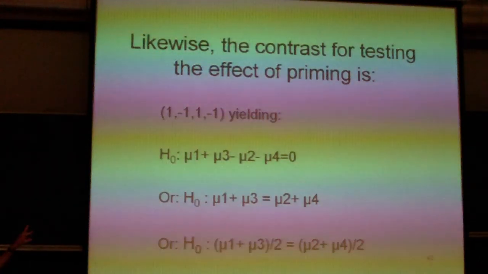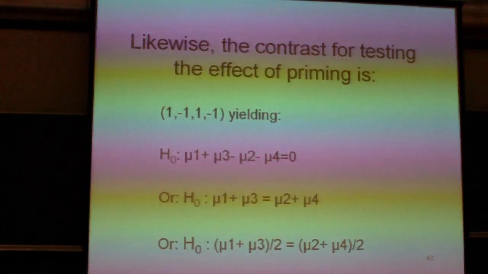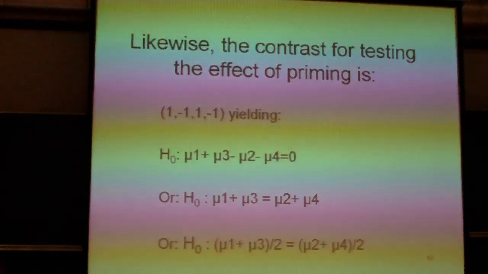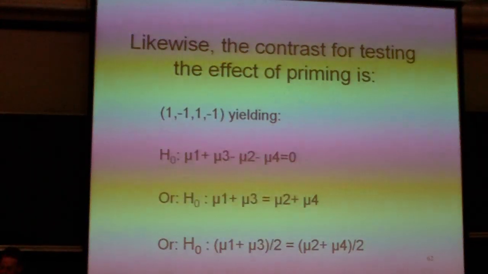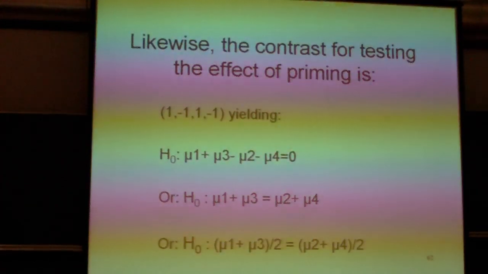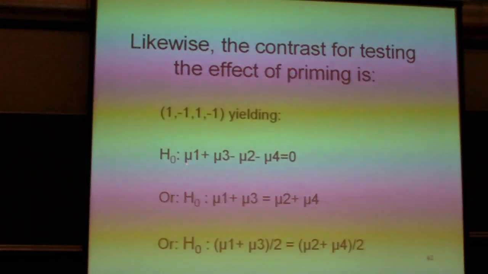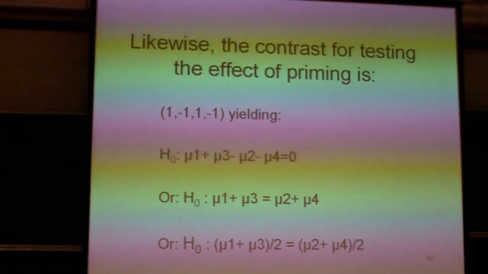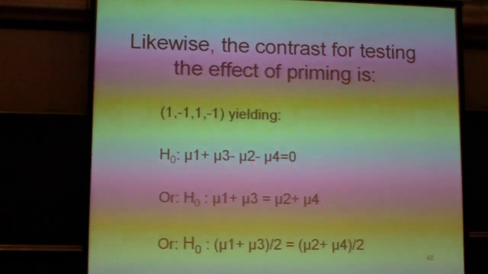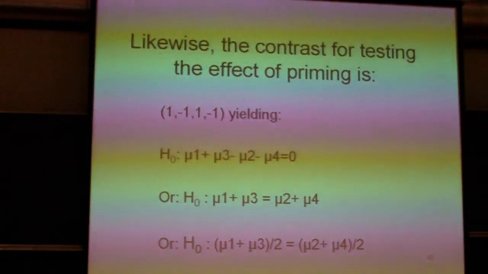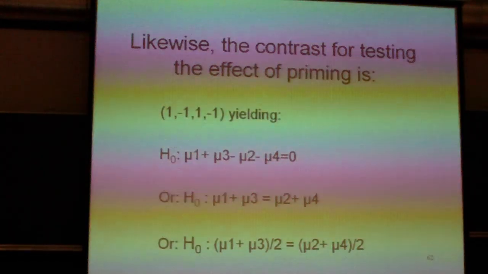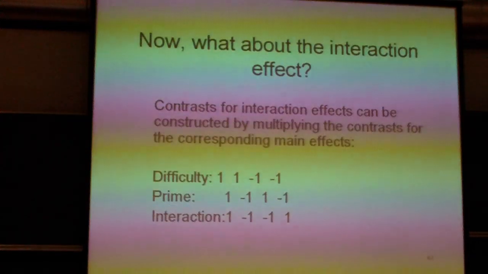So by choosing these particular contrast coefficients, I'm actually comparing the two perseverance primed groups with the two neutrally primed groups. So here we have the new contrast, mu1 plus mu3 minus mu2 minus mu4 equals 0. Test of a priming effect.